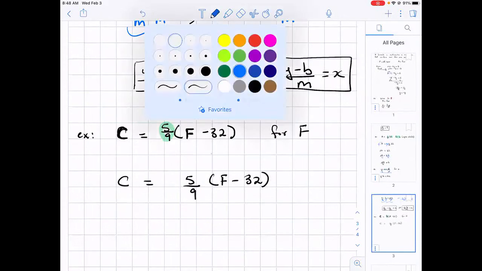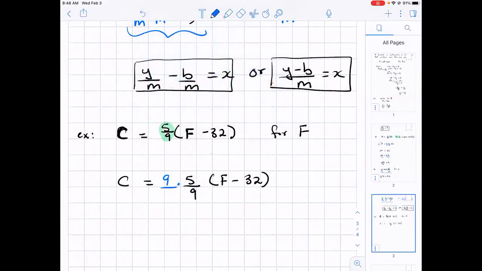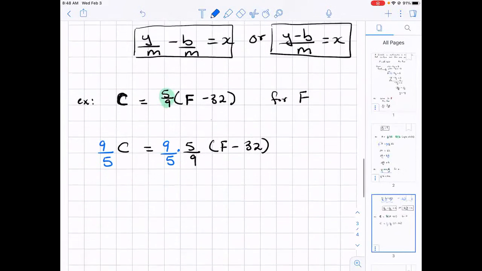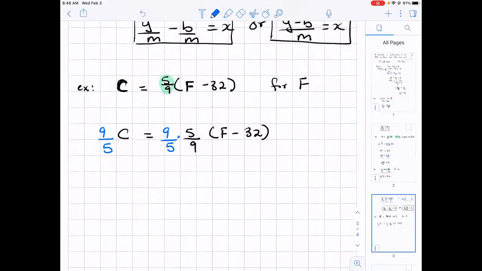So we will multiply both sides by 9 over 5. When we do this, we have 9c over 5 is equal to, the 9 will cancel, the 5 will cancel, f minus 32.